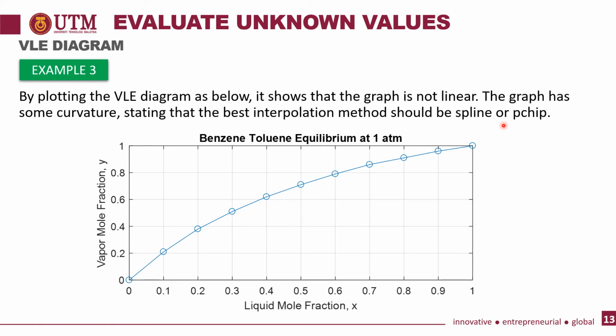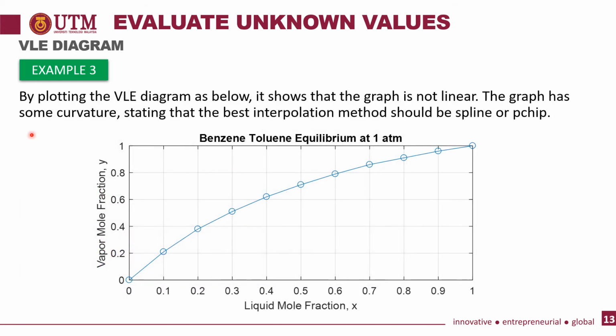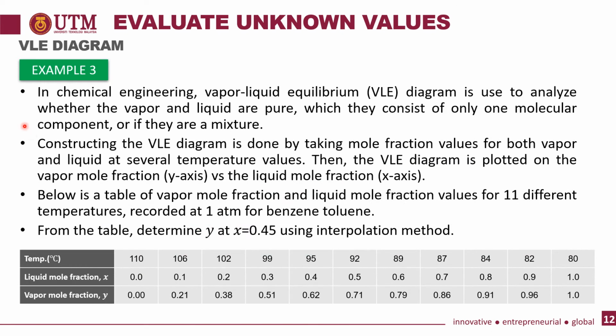All right, so below is the MATLAB script to plot the VLE diagram and to find the y values for spline and PCHIP interpolation methods. From this data you can see that this is already defined. The question already defines what you need to put for x and for y. x is actually the data, y is the function of x.